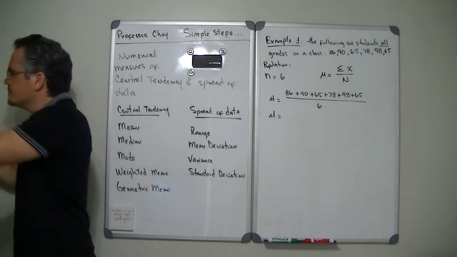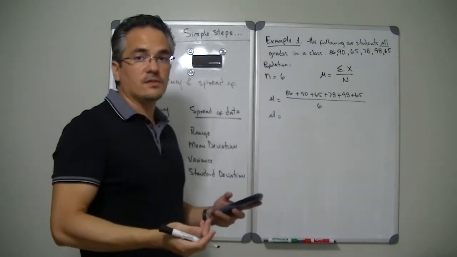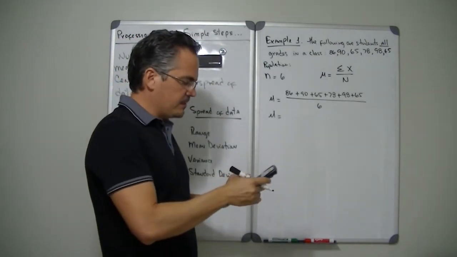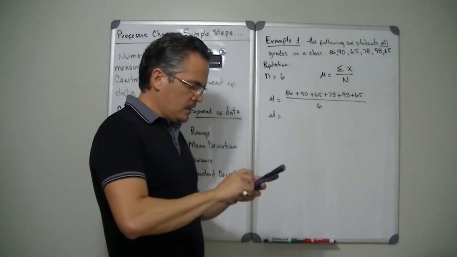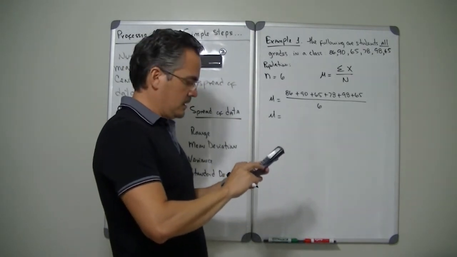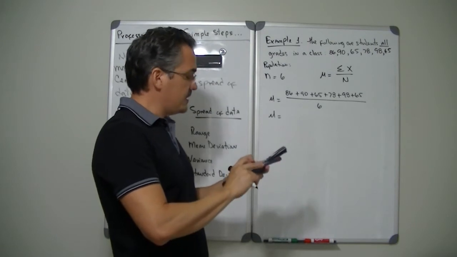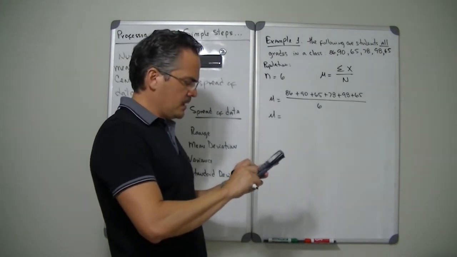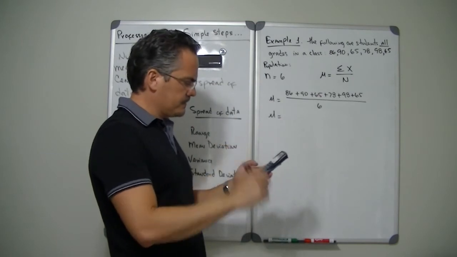All right. I like to do, by the way, a lot of this stuff on the fly, keeps my brain fresh. So I don't like using examples that I already know the answer. So here we go. 86 plus 90 plus 65 plus 78 plus 98 plus 65. And we're going to divide that by 6.